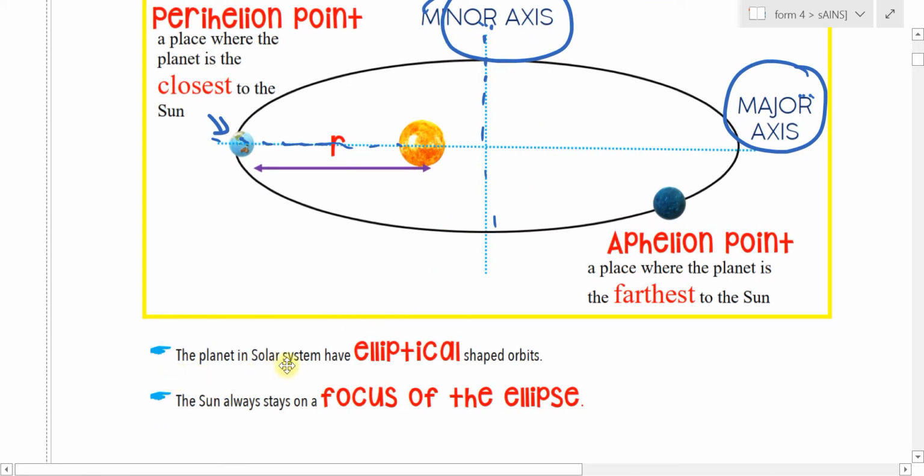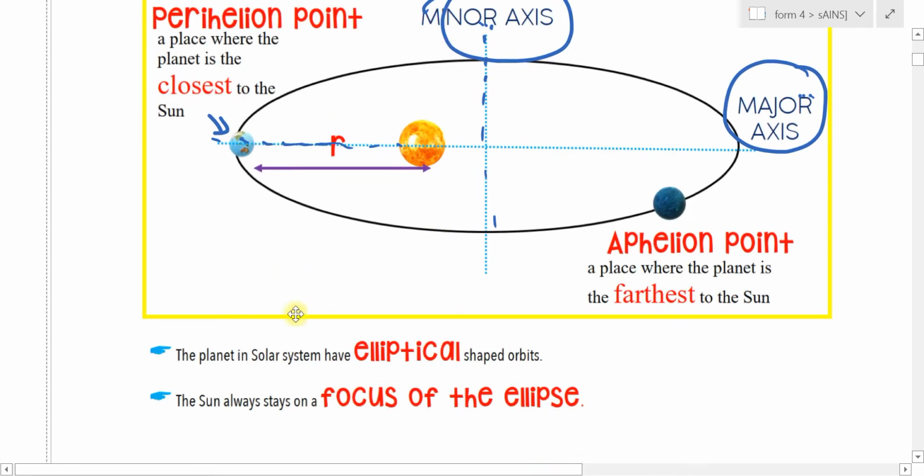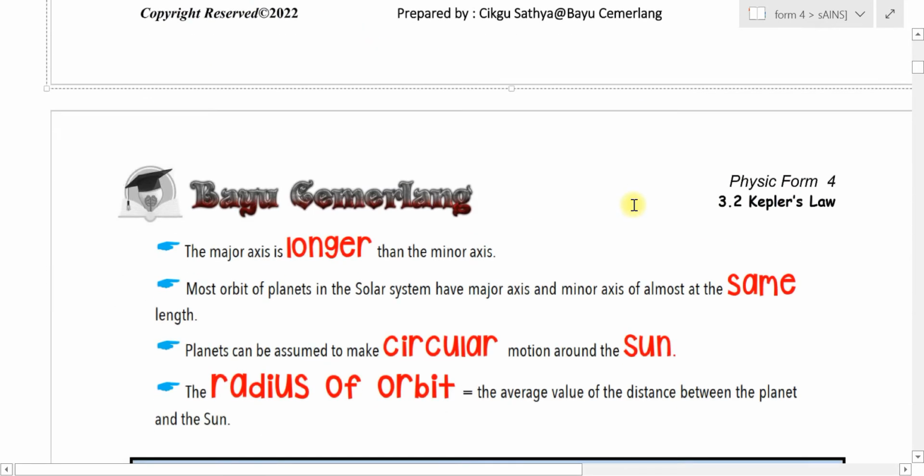The planets in the solar system have elliptical shape orbits, just like this, and the sun always stays at the focus of the ellipse. Shape dia ellipse, berbentuk, jadi kita cakap elliptical. So that's Kepler's first law explained. Not only that, we have a few more. The major axis is always longer than the minor axis.